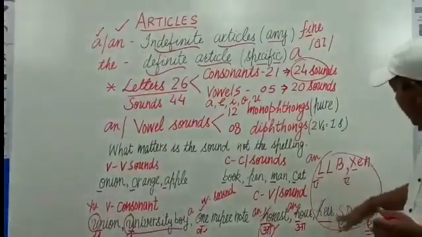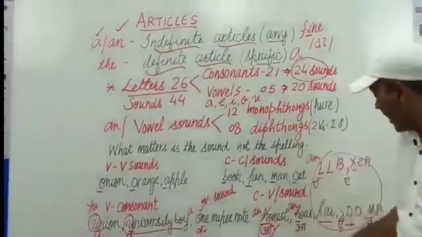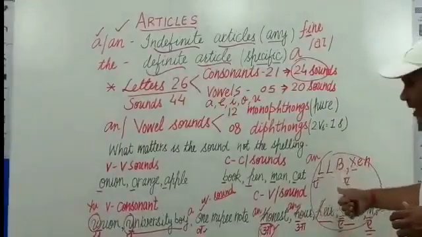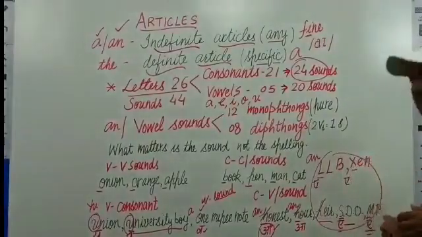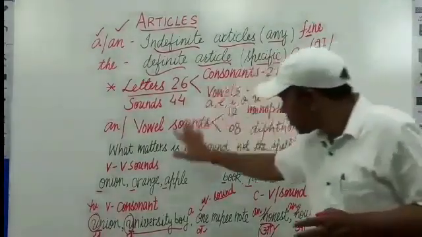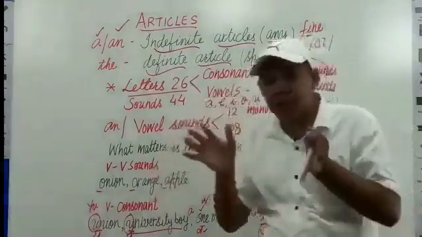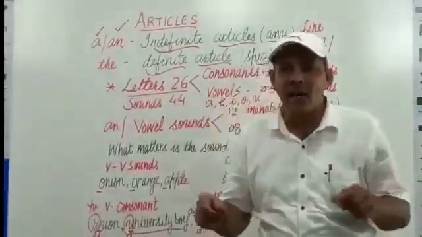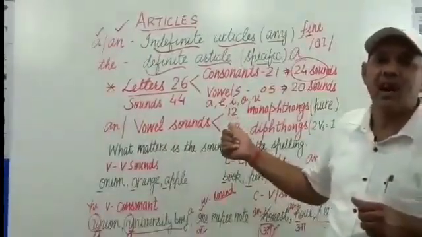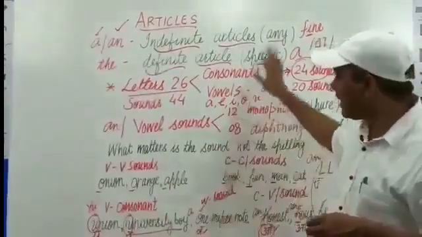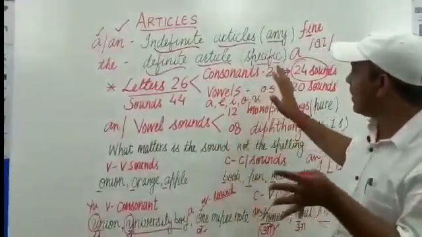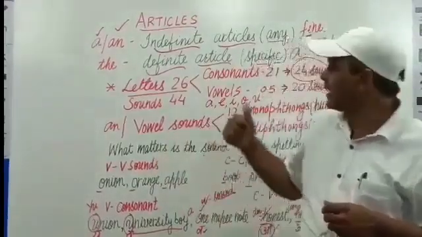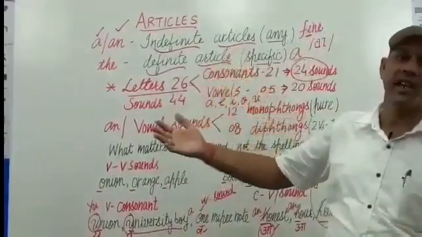But when they are written in abbreviation form, SDO, then we'll use an SDO, an LLB, an MP. We must have a good command over the sounds. Then there will be no error while filling in the exercise of articles. That's why we had this brief discussion over the sounds. And now we shall discuss articles in detail.